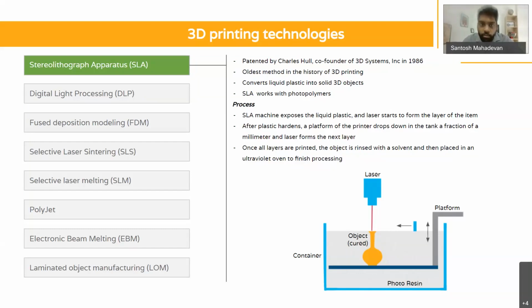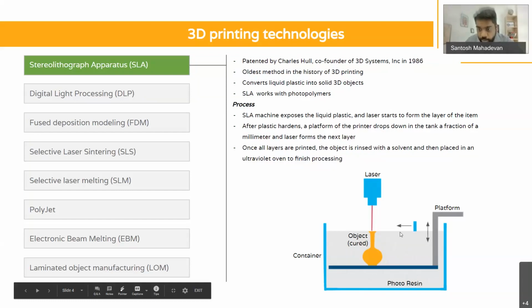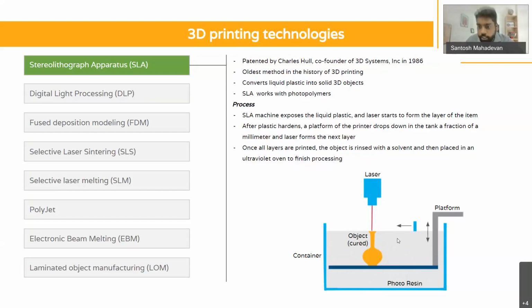Now, coming back to SLA, you have this platform which is on top. This platform moves down the height of the thickness of the first layer. Let us say we are going to make the 25 by 25 by 25 cube.